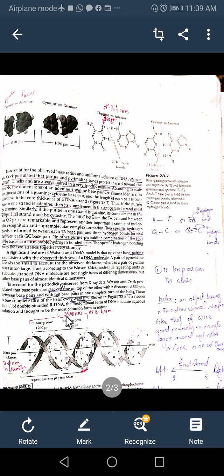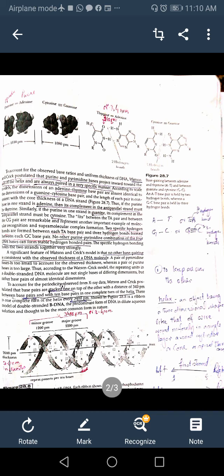3400 picometer. One turn has the length of 3400 picometer, and two types of grooves are present. This is the minor groove, which has a width of 1200 picometer. This is the major groove.